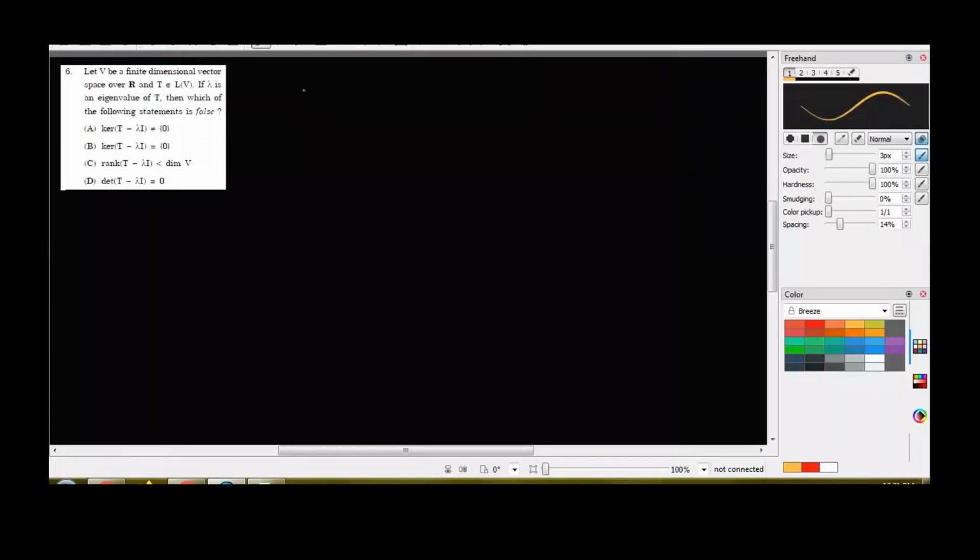So since lambda is an eigenvalue of T, we can say that there exists a non-zero vector v such that T of v is equal to lambda times v, and so we can have (T minus lambda I) times v equal to 0. So there exists a vector for which this happens.